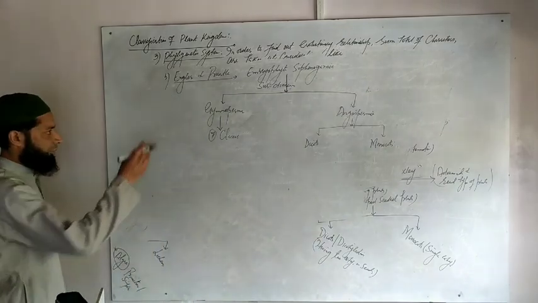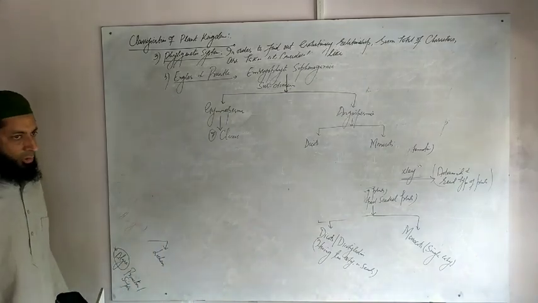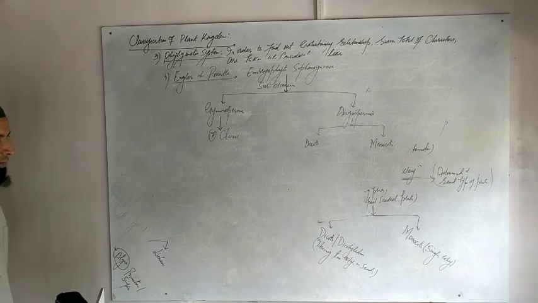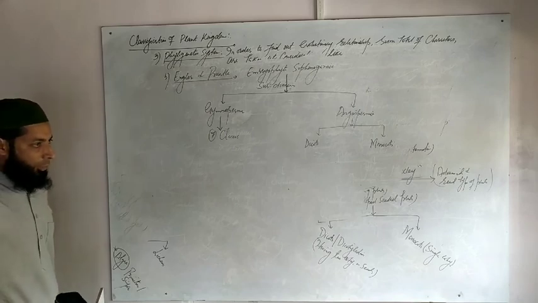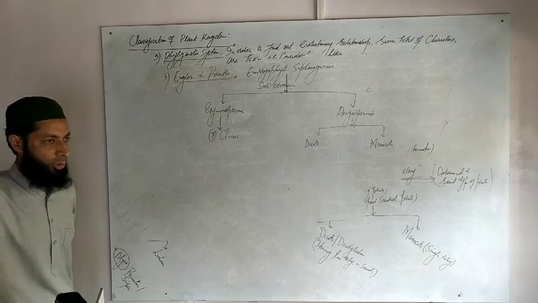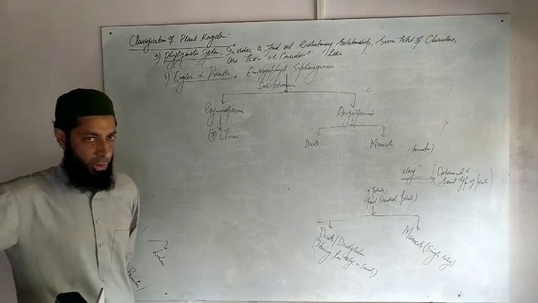On the basis of this system, plants are divided on the basis of their phylogeny, so as to find out their evolutionary relationship.